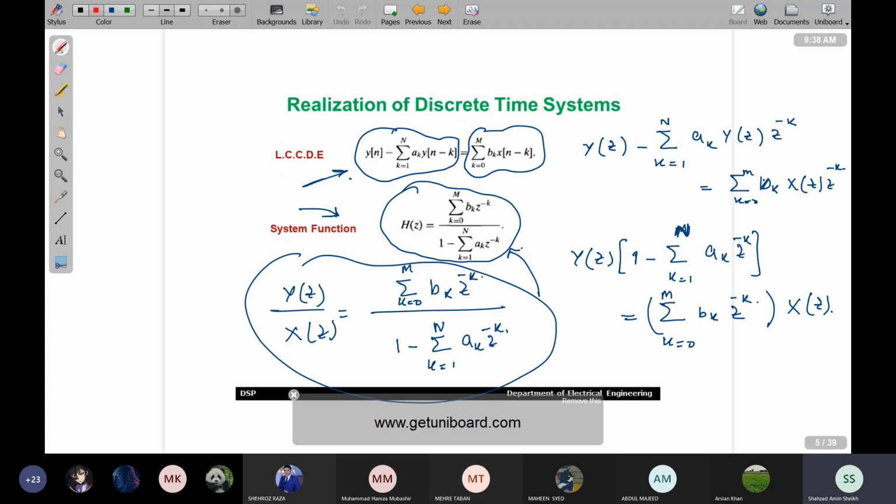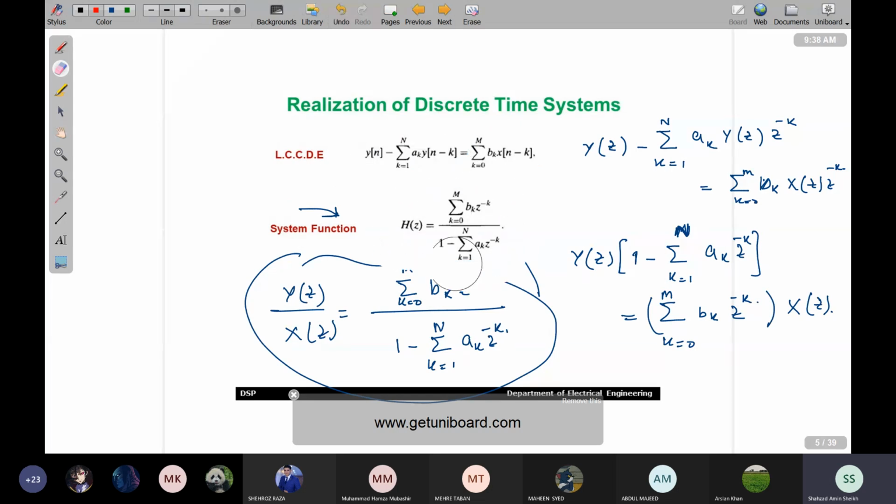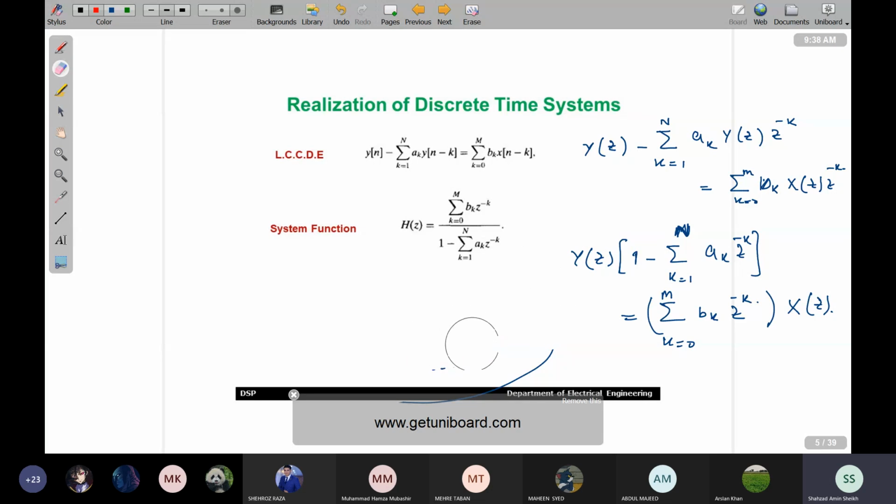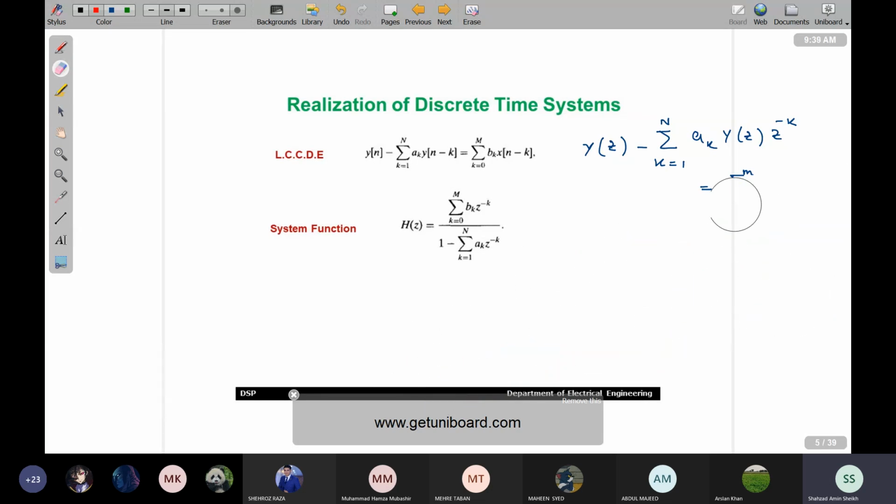Okay, now again we can erase this. Okay, so that's my difference equation, the linear constant coefficient difference equation: the sum over k from 0 to N of a_k y(n-k) is equal to the sum over k from 0 to M of b_k x(n-k).